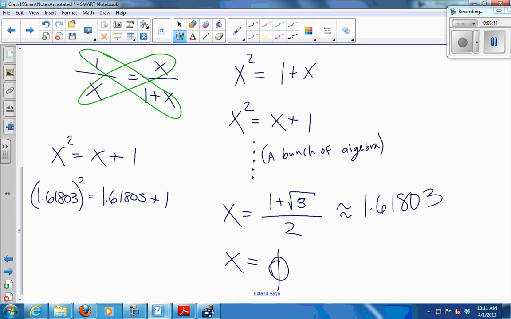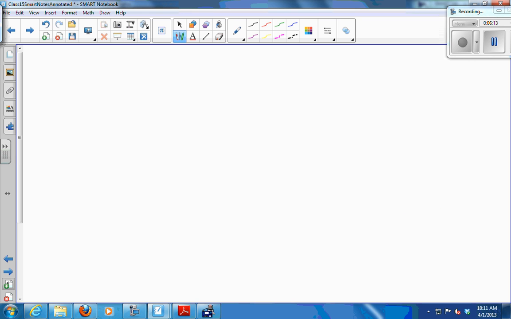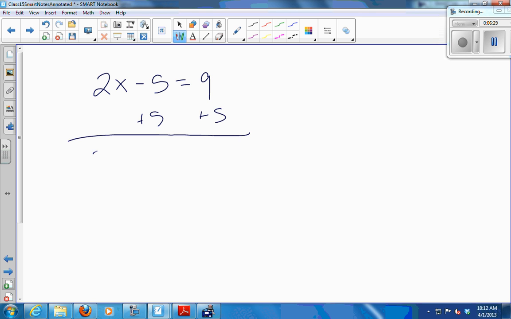Right? When you take your answer, let me just do an easier example. I have 2x minus 5 equals 9. This is easy to solve, right? What do I do first? Move the 5 over, add 5 to both sides. So I get 2x equals 14. Then divide by 2. 2's cancel, and I get x equals 7.